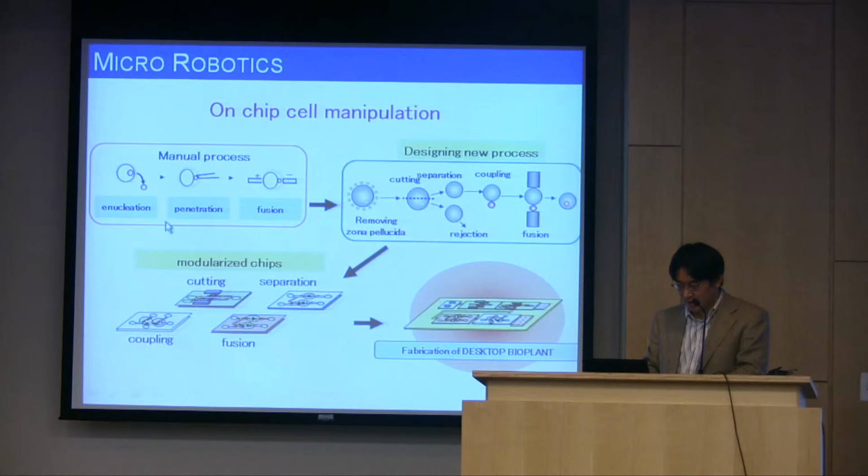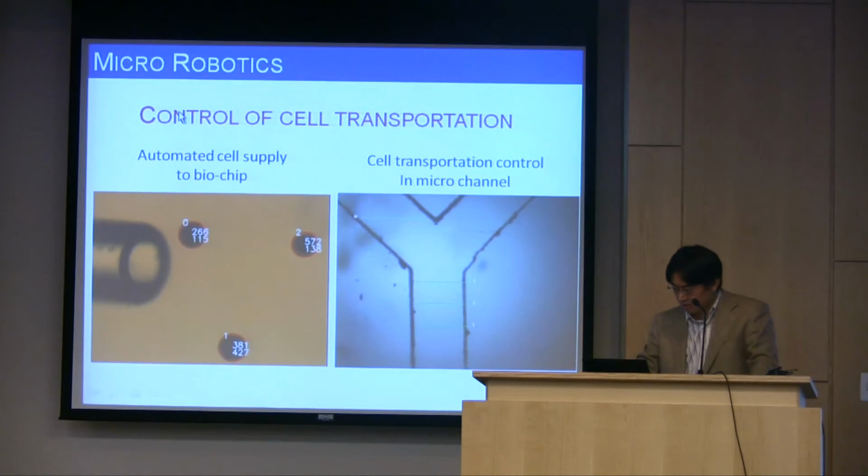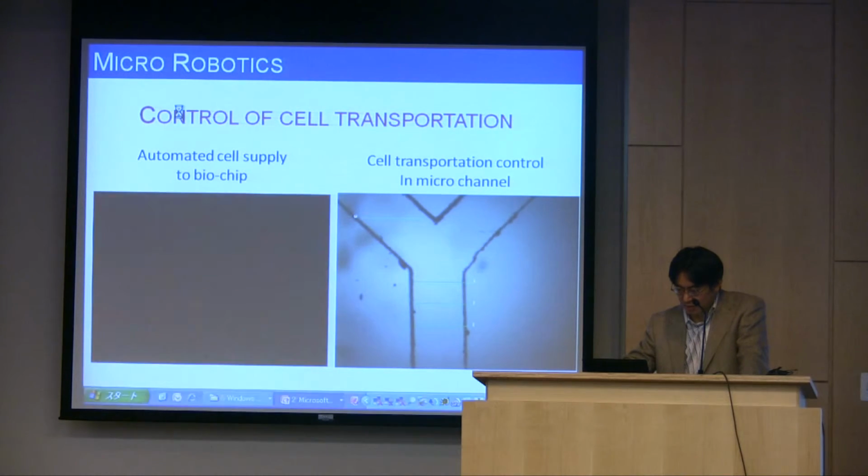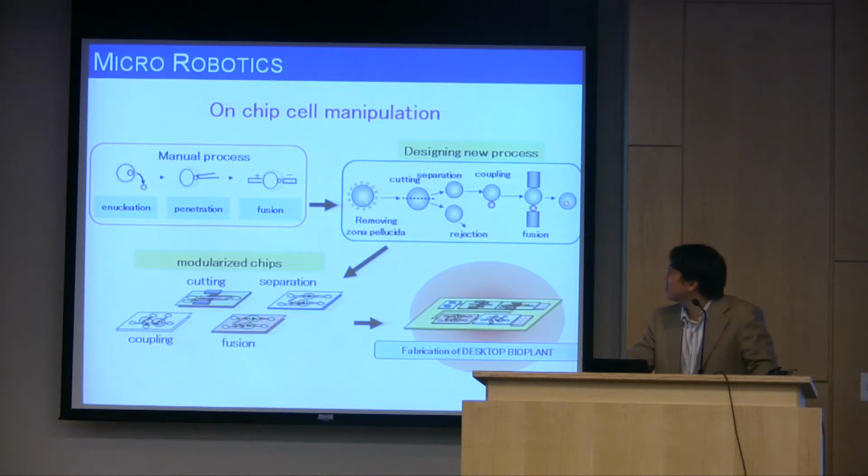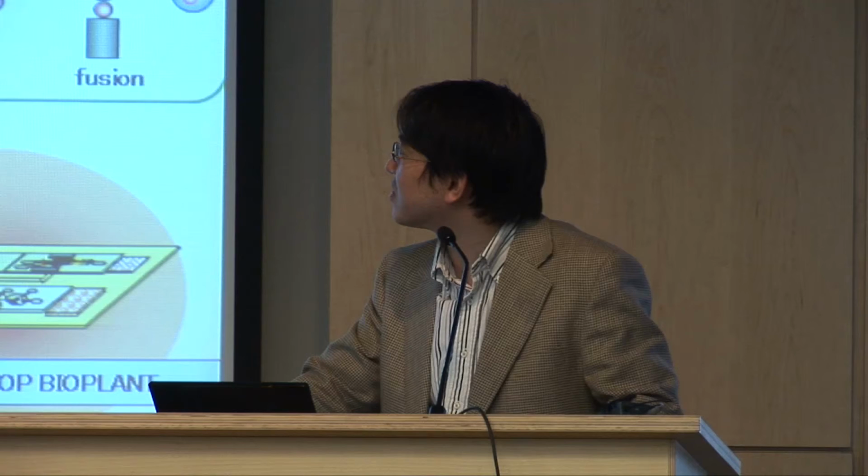So this is another topic in micro robotics. We call it on-chip cell manipulation. I think its application is automated cloning. On the left is the cloning process done manually.